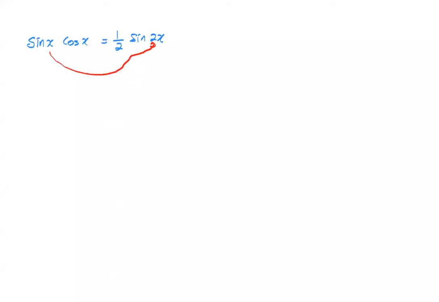If the question asks me, for example, given y equal to 5 sin x times cos x, they want me to find dy dx.